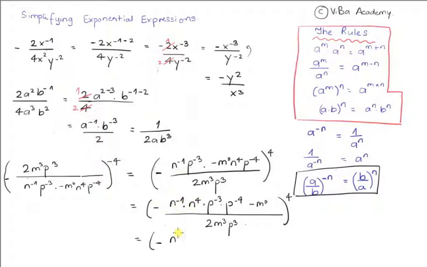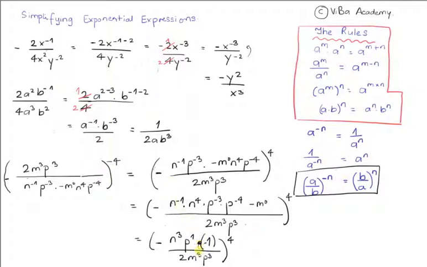I'm going to end up with n cubed, and p raised to minus 3 plus 4, which is p raised to 1, minus m raised to 0. Anything raised to 0 is simply 1. So times minus 1, and over 2m cubed p cubed raised to 4.